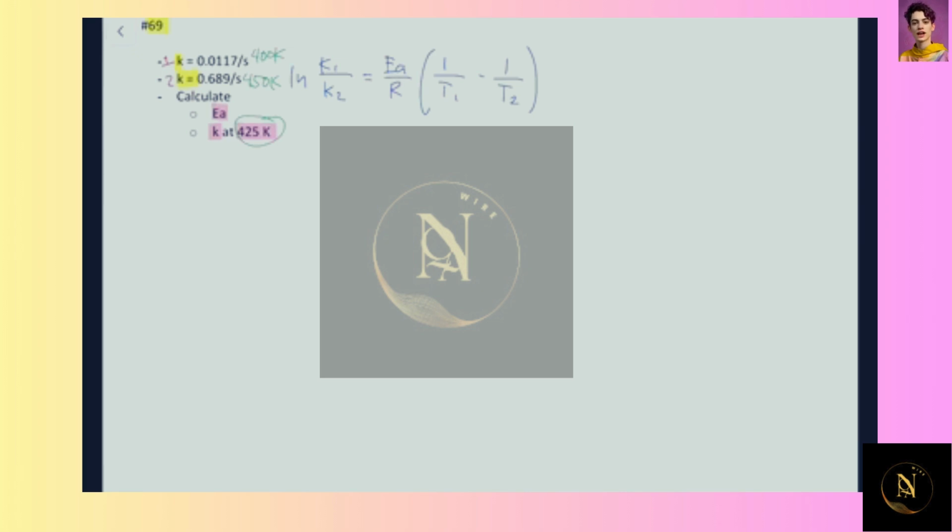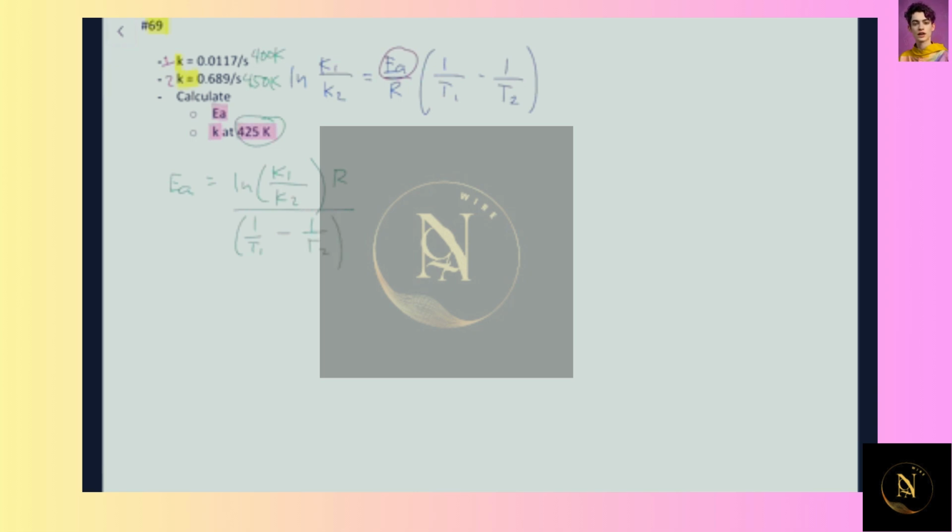Since we're looking for EA first, I want to isolate it on the left side. So I'll have EA equals ln of K1 over K2, multiplied by R and divided by 1 over T1 minus 1 over T2.